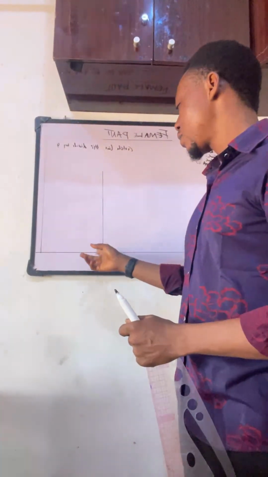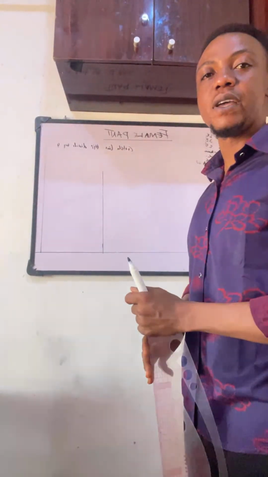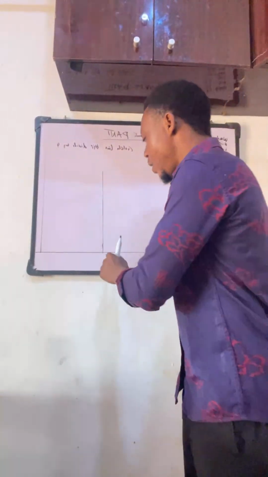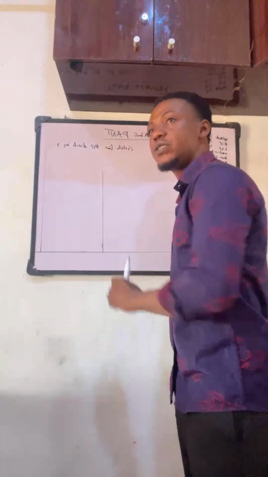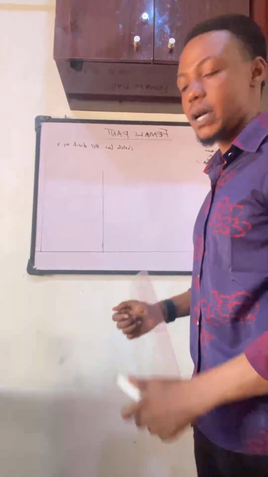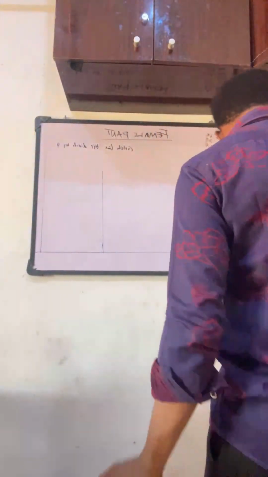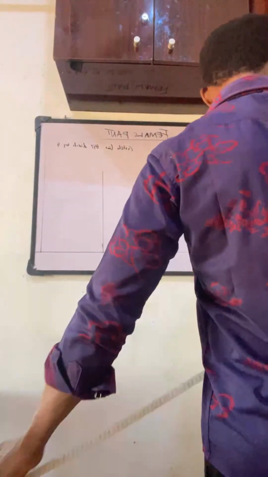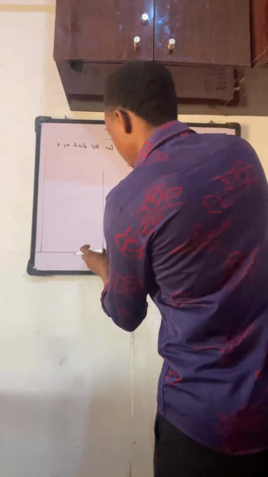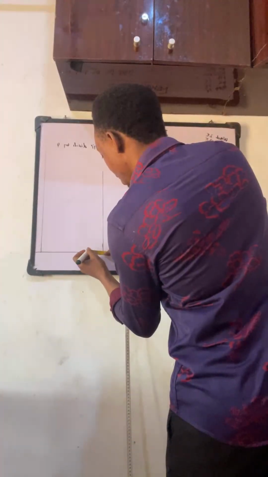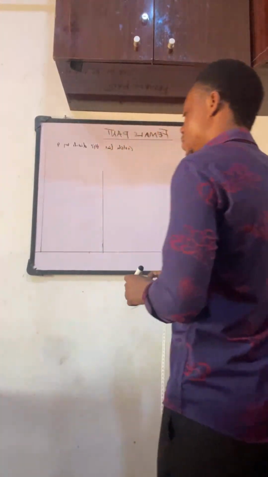So now, for female, we need to have a hip line, right? So for the hip line, you go up from here by 2 inches to get your hip line. So from here, you go by 2 inches.